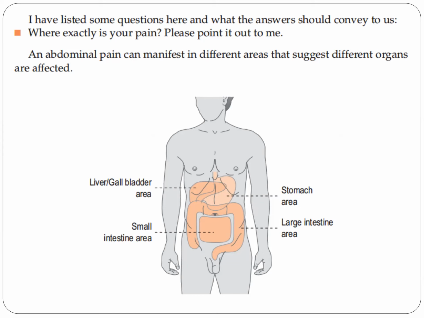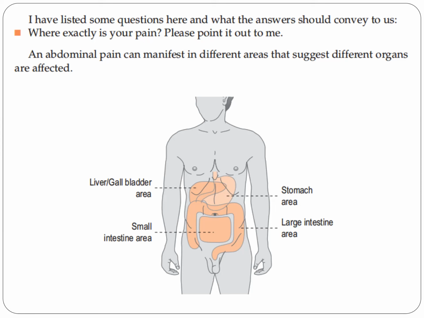For example, if the patient points the pain on the upper right part of the stomach, the liver or gallbladder area is the cause of the pain. If the patient points out the lower right portion of the abdomen, it is the small intestine area that is affected.